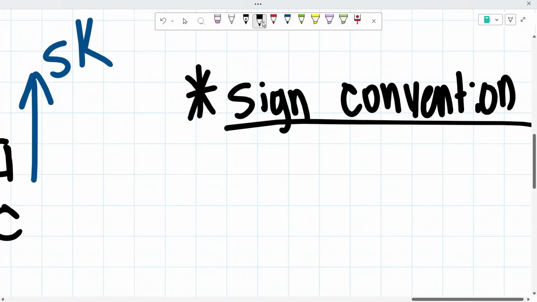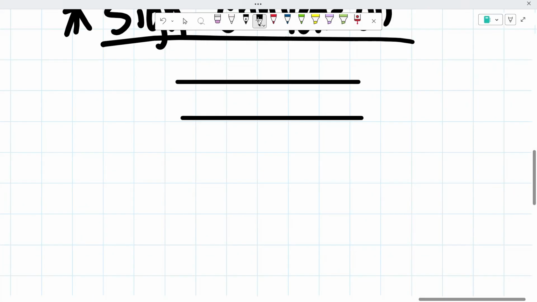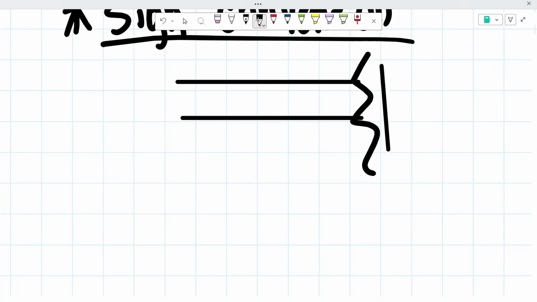If you were to cut a beam and have the cut on the right side of the beam, your shear force would be going downwards and your moment would be acting counterclockwise.